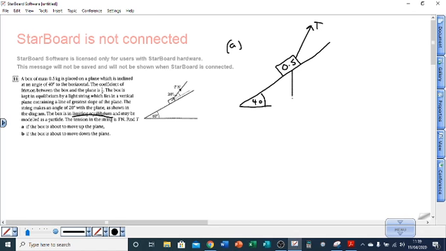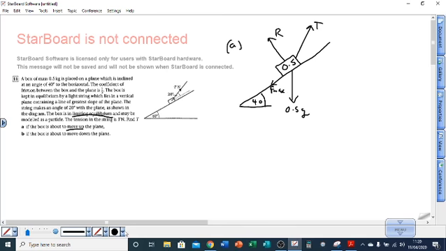You've got the weight, the weight dragging down, which is 0.5 g. You've got the normal reaction, which is pushing back up there, which is R, and it's about to move up the plane for part A, which means that in limiting equilibrium you must have F max opposing that.